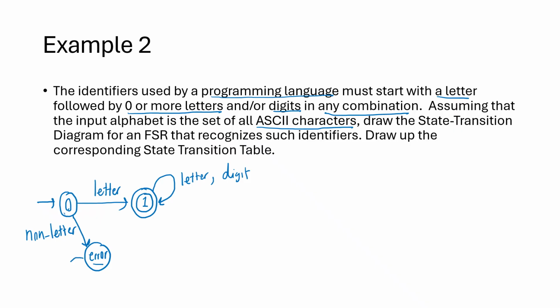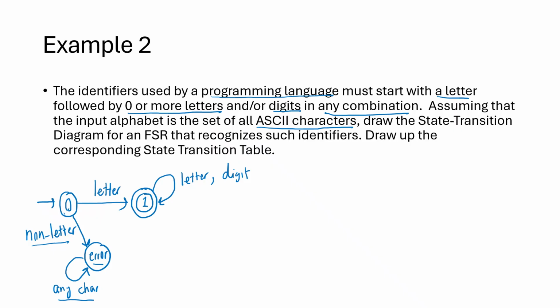In other words, if you are here, any character that you read after that, you are going to stay in the error state, right? So if you start with a non-letter, no matter what follows, you are going to end up at the error state, which means you are not going to reach the state that is an accepting state, and you are going to reject that input.